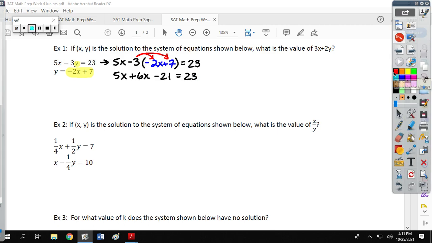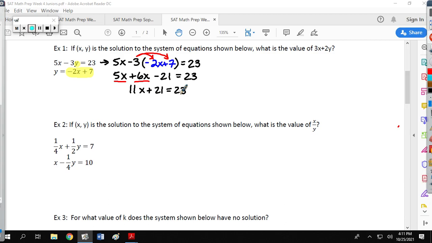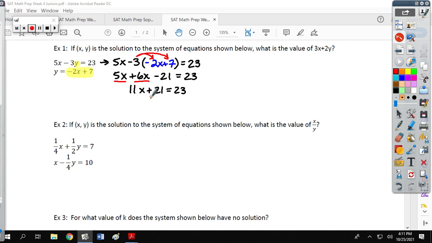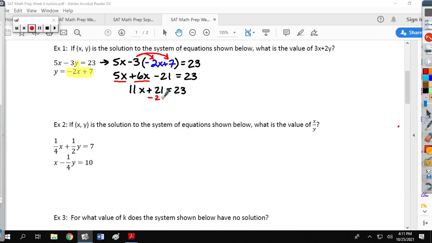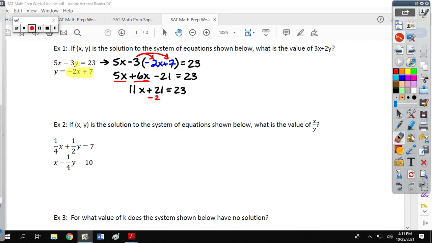Then we would combine like terms. 5x plus 6x is 11x minus 21 equals 23. At which point this is a two-step equation. I've got a sign error there, this should say minus 21. And we would be adding 21 to each side.